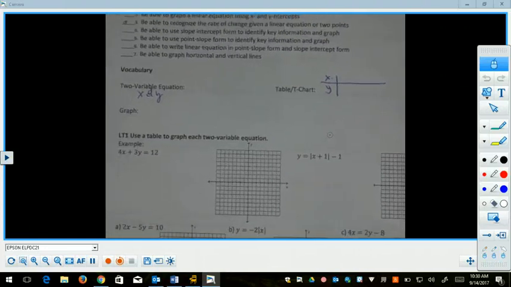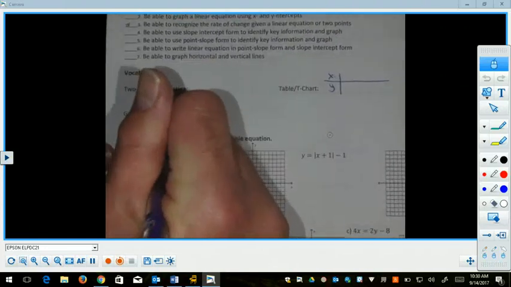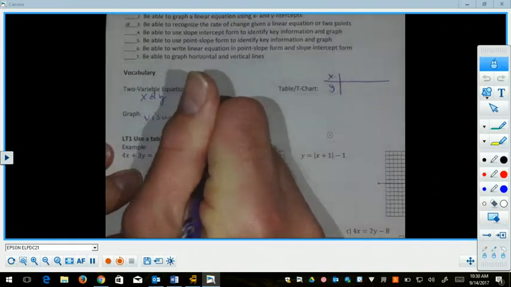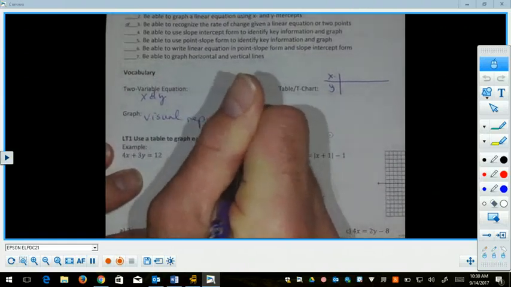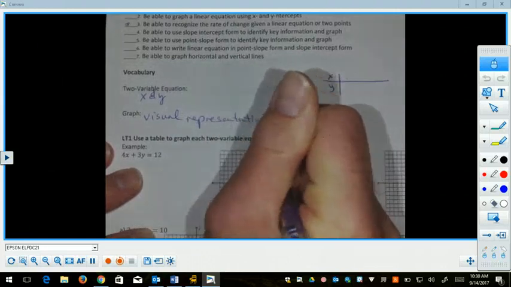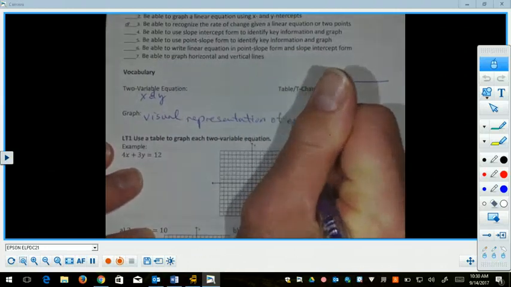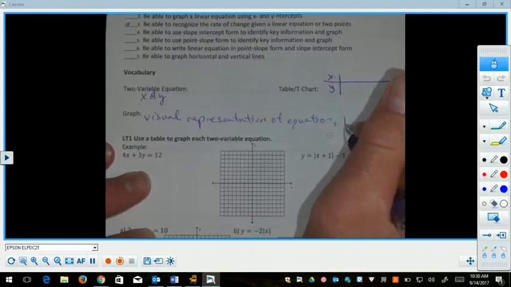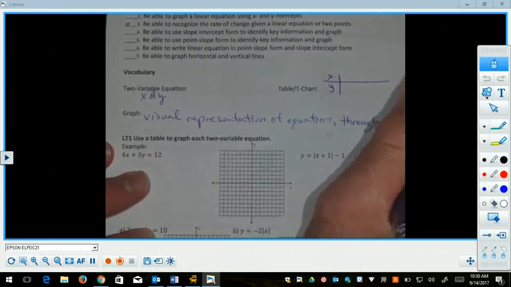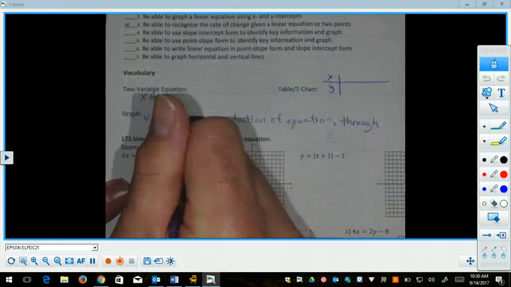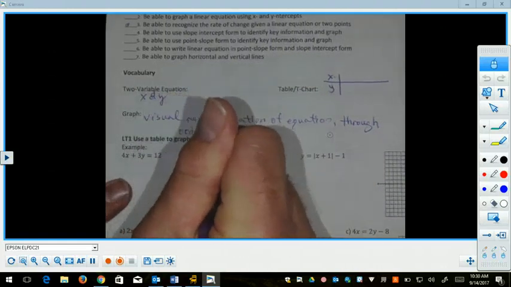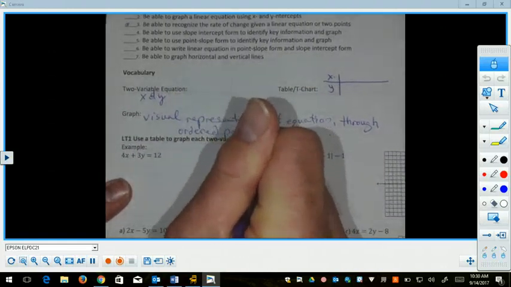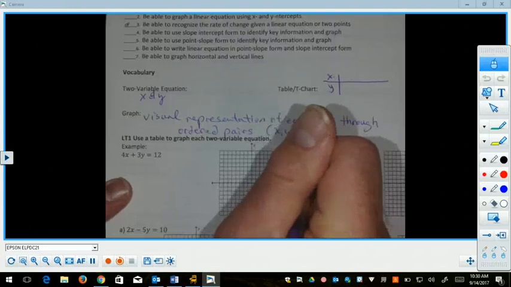And our graph is a visual representation of our equation through ordered pairs, x comma y.